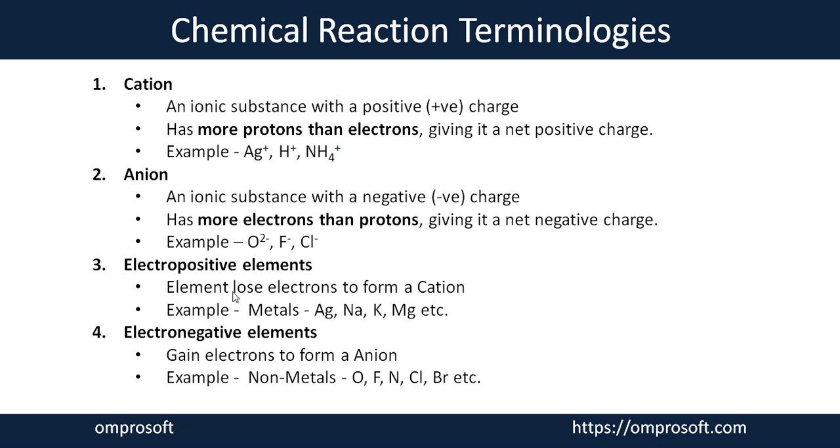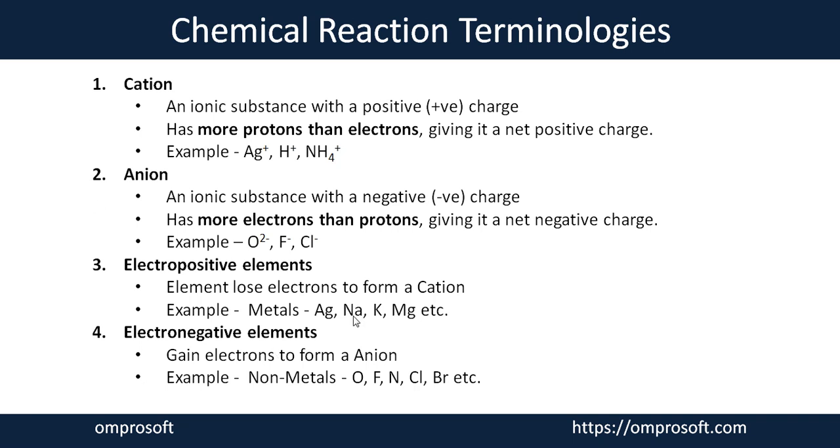Any element that has the ability to lose electrons and convert itself into a cation is considered an electropositive element. Like Ag, it is an electropositive element because it has the capability to lose electrons and convert itself into a cation.